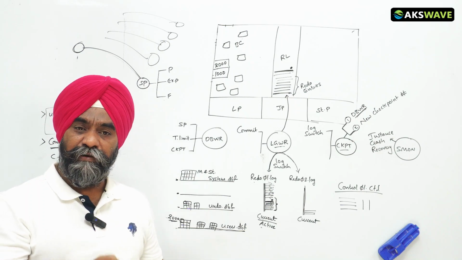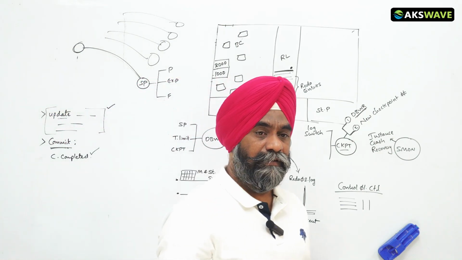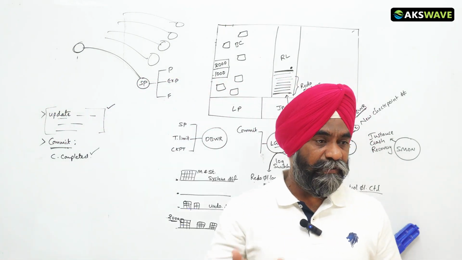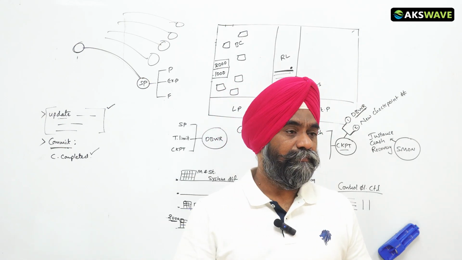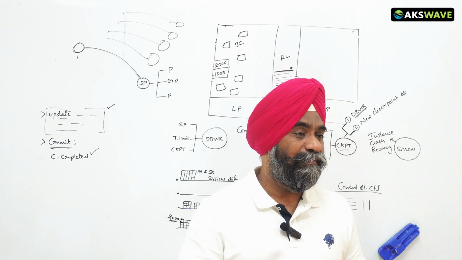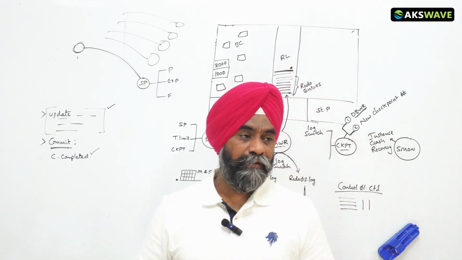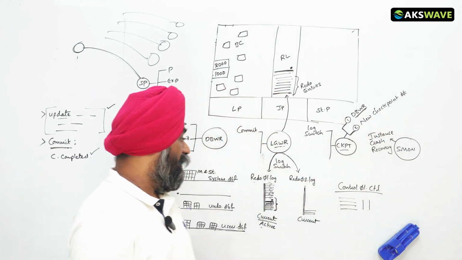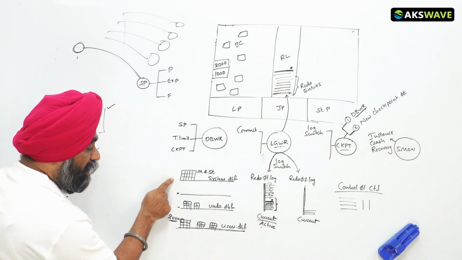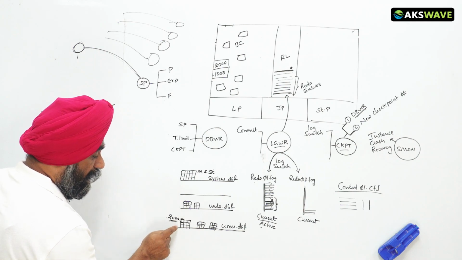It's just an incremental number, guys, an incremental number in the Oracle database. A checkpoint number is generated and that number is updated in each data file header.